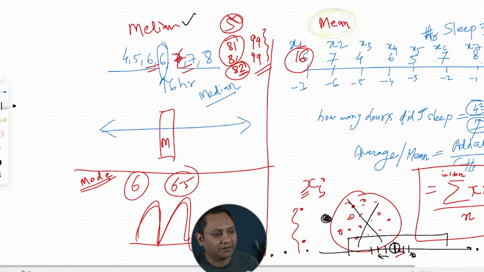And mode is better whenever you are dealing with categorical data, or data that is expected to behave in a certain way most of the time. For example, price.